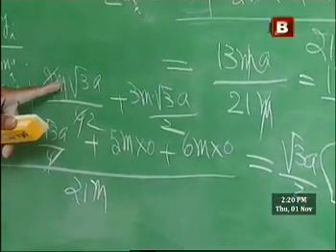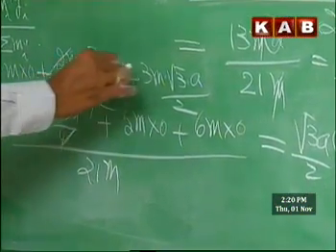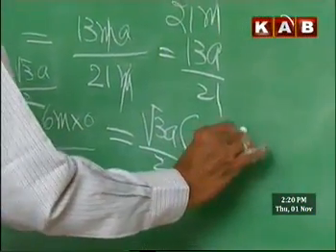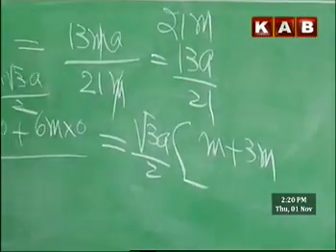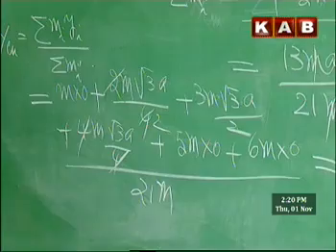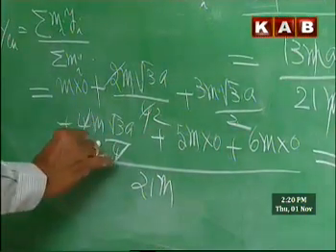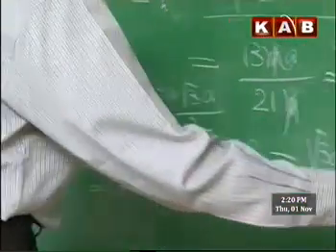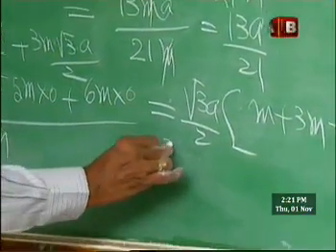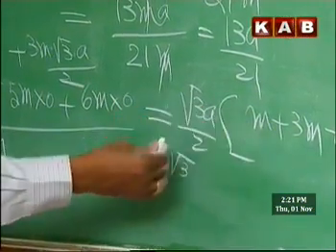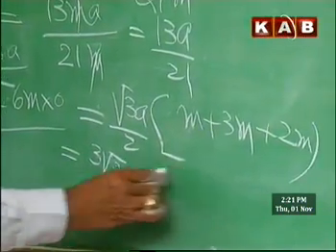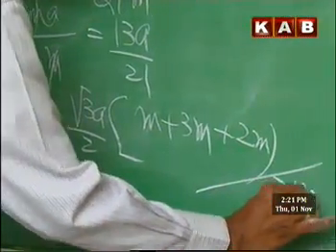Here we have m plus 3m plus 2m. This comes out to be 3 root 3a by 2 times 6m, divided by 21m.